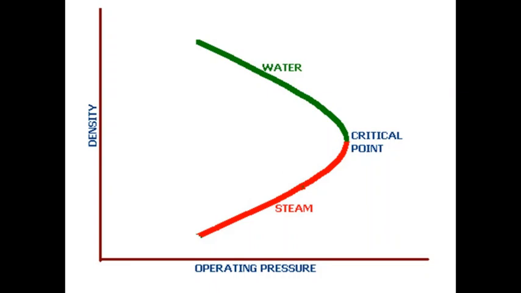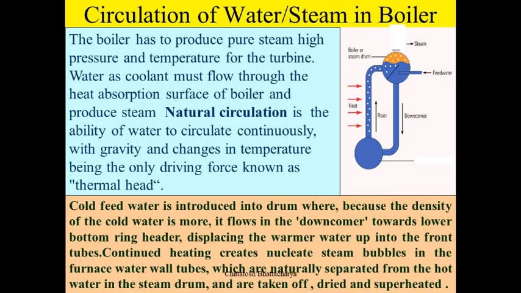So naturally the density difference between the water column within the downcomer and the water-steam mixture in the water walls reduces, and as a result we need some arrangement to maintain the circulation.